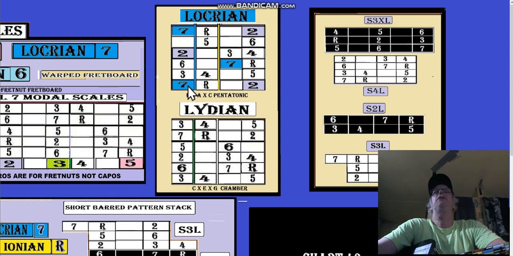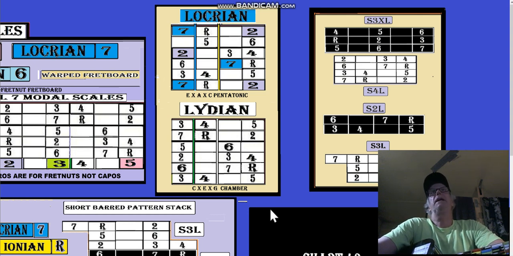It's a C shape. 7, 2, 3, 5, 6, 7, 2, 3, 5, 6, 7, 2. That's the Locrian pentatonic. It doesn't really have a pentatonic, and neither does the Lydian.